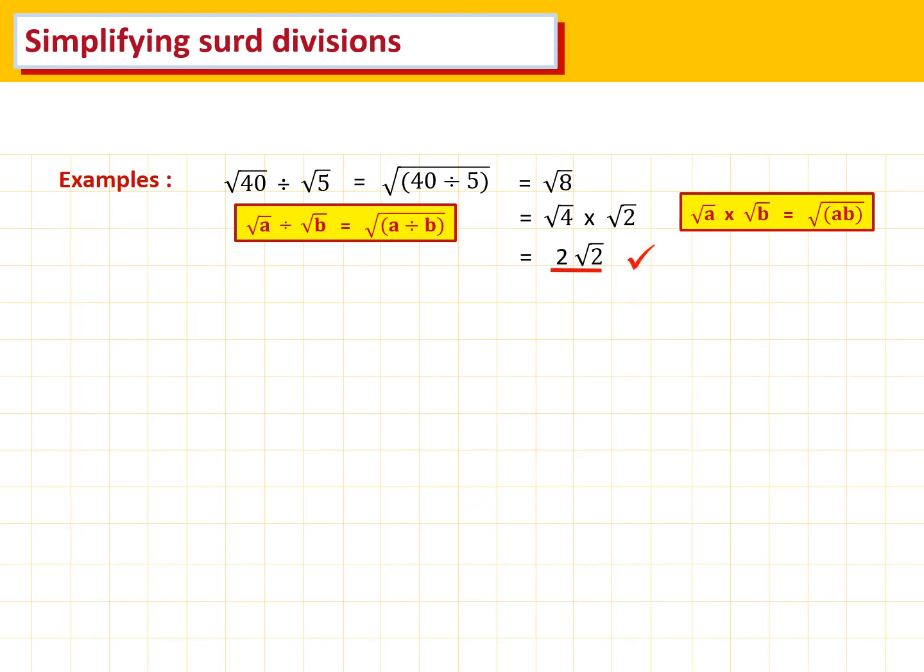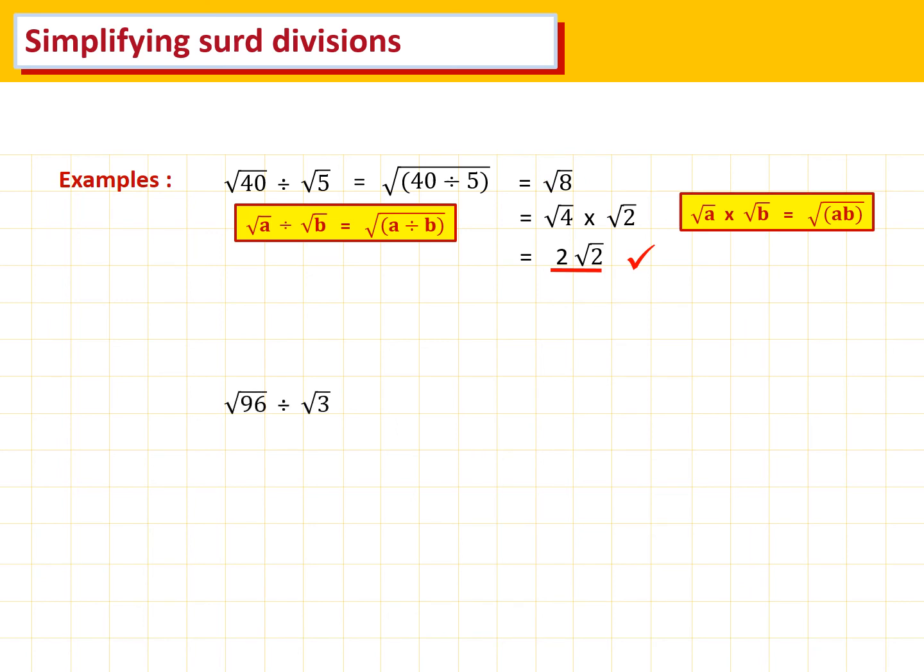So check out the steps. We put the two separate roots together because they're being divided. We can put them together in a single root, work out 40 divided by 5, and then look to simplify root 8.